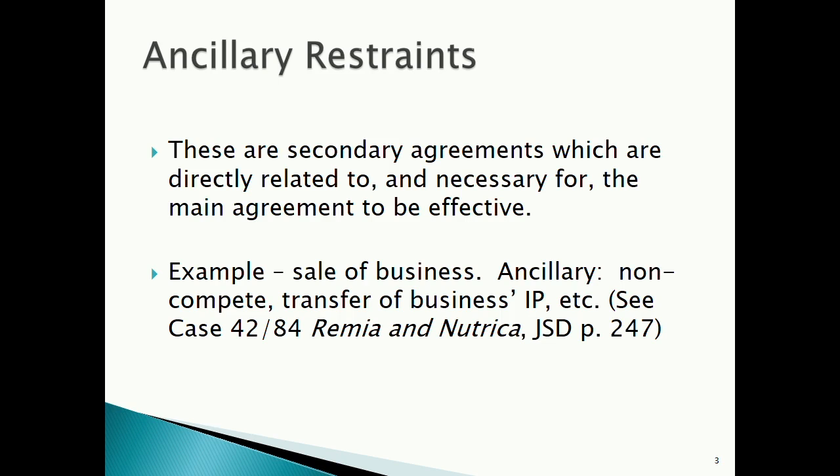Likewise, in a transfer, there may be a transfer of the business's intellectual property along with the sale of the business, so various licenses to use certain intellectual property may be there.